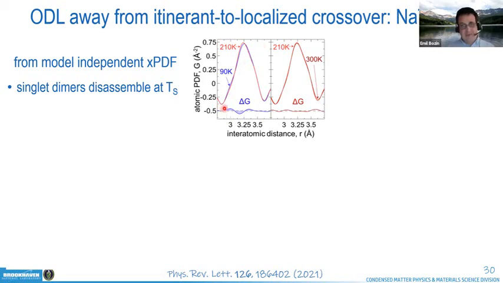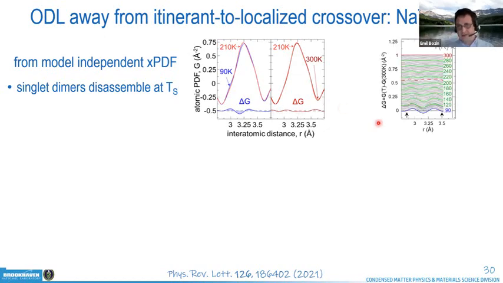You can actually see it much better in the differential, in the form of this M-shaped curve. Now, if you do the same type of differential comparison, but for two profiles that are similarly spaced in temperature in the high temperature regime, you see that this signal disappears. So you can track this differential with respect to some high temperature reference data set, and you see that it evolves and disappears at around the transition temperature.